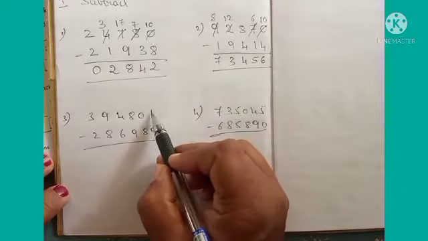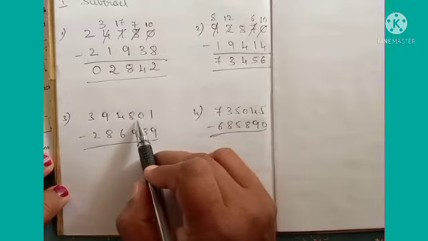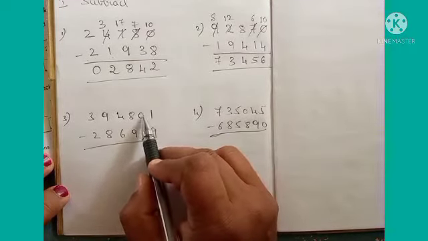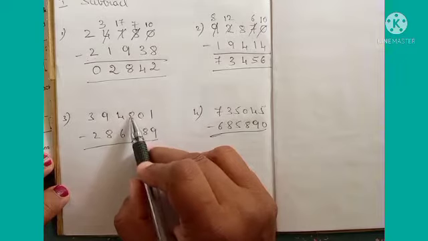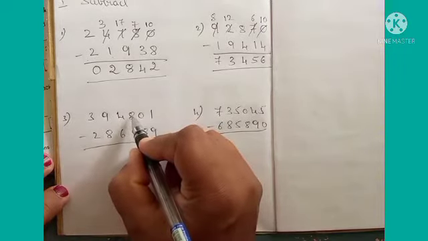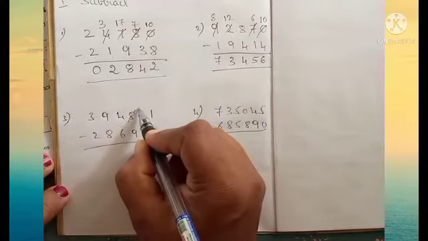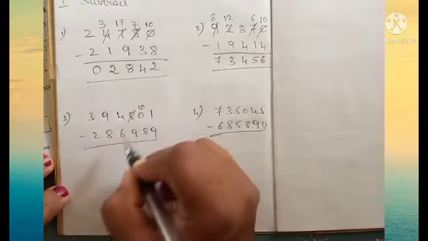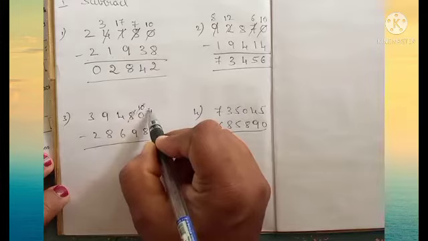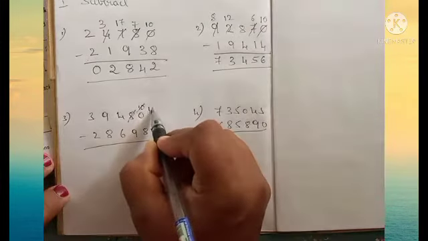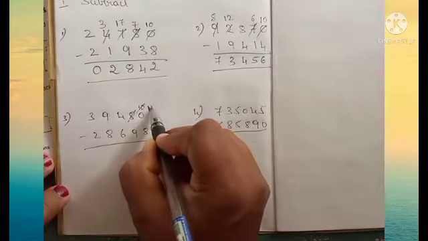So now what should you do? Borrow 1 from here. But here there is 0. So what should you do? Yes, you should borrow from the next number. So here 8 is there. Borrow 1 here, this will become 10. Again borrow 1 from here, so this will become 11.